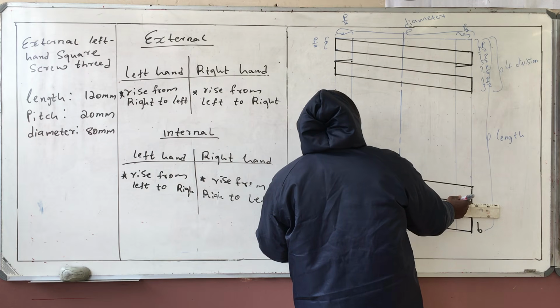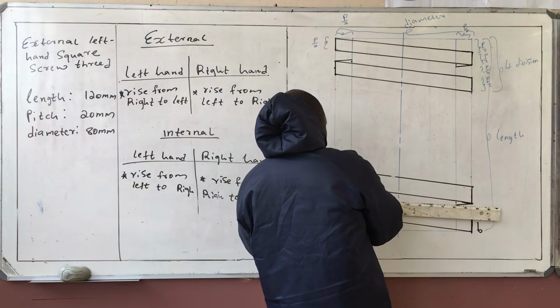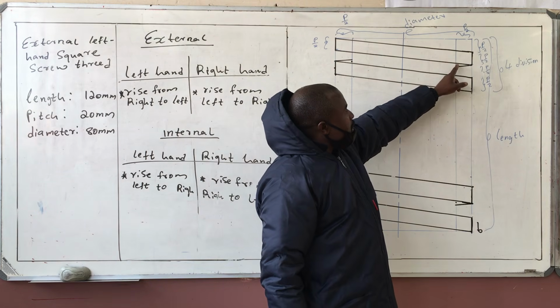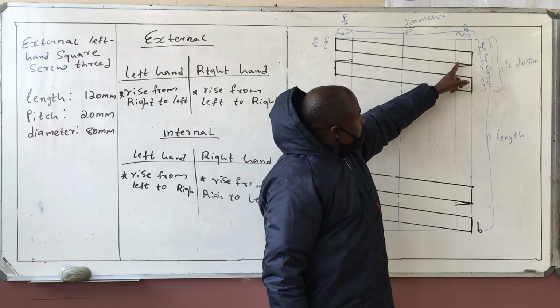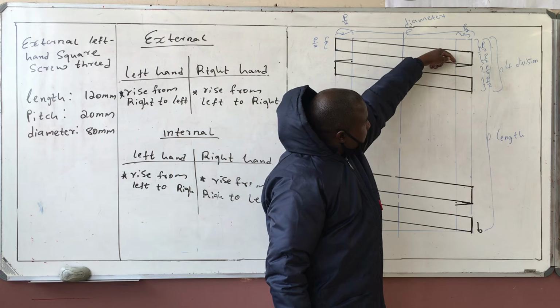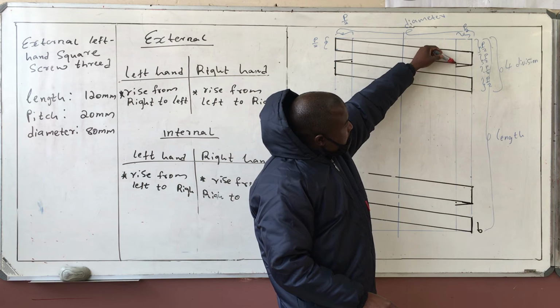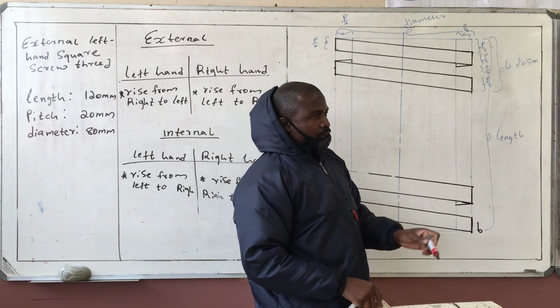You put a mark, you also place a mark. And if you check, this mark which I have done is in between that line. It's in the center between there and there.